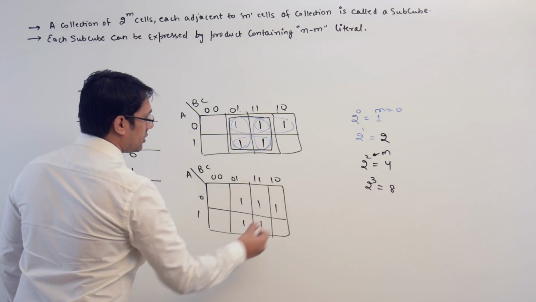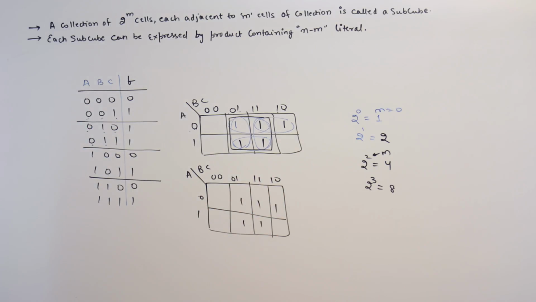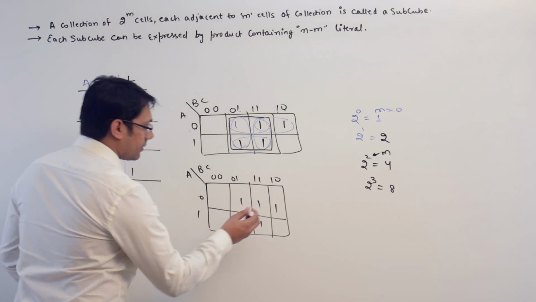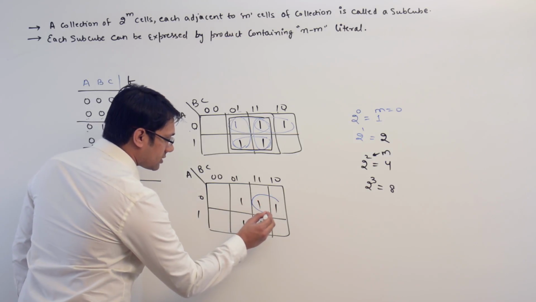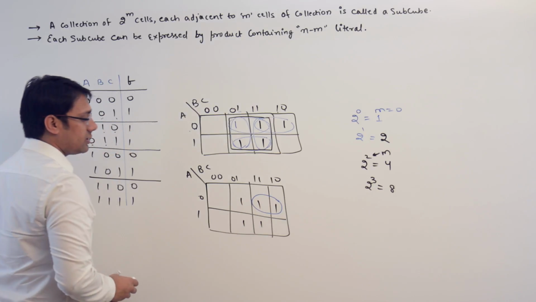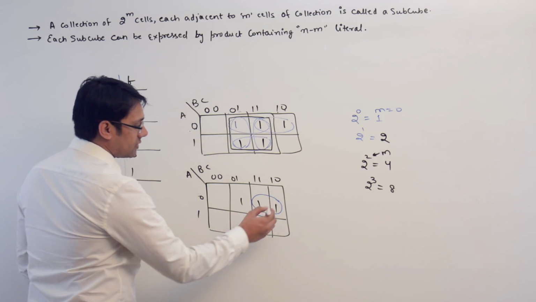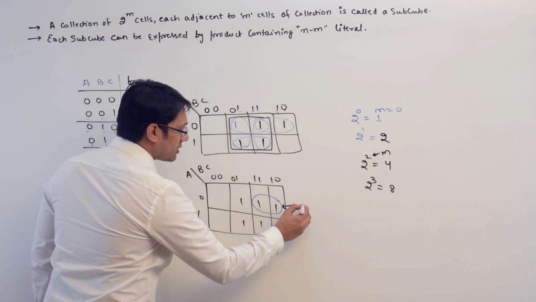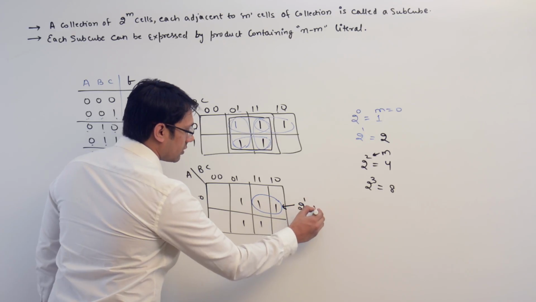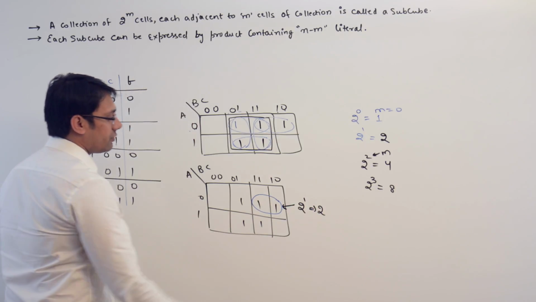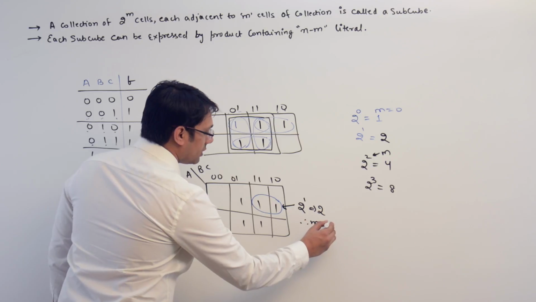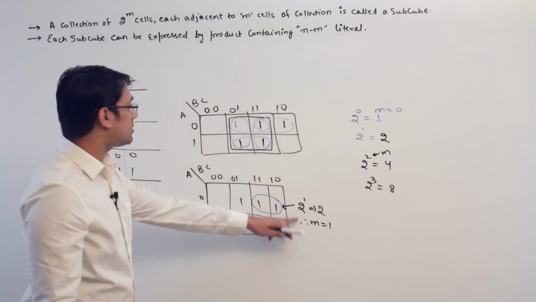For this particular function, this is the K-map, and in this K-map, if you take this subcube, then the size of this subcube is 2. That means 2 raised to power 1, which is equal to 2. Therefore, the value of m is 1. So how am I taking this? This is from the first line.